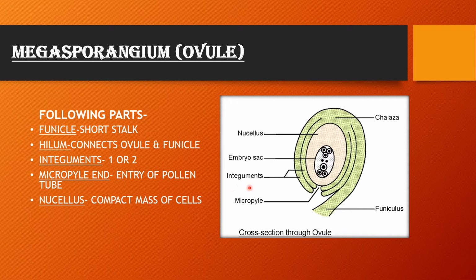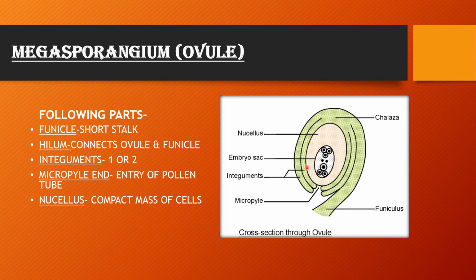Next one, the nucellus. Nucellus is the main body of the ovule, and it comprises a compact mass of cells, and each cell is productive, and each cell has the capacity to grow a new embryo sac, but generally inside one ovule only one embryo sac will develop.